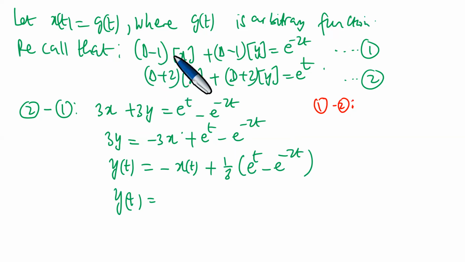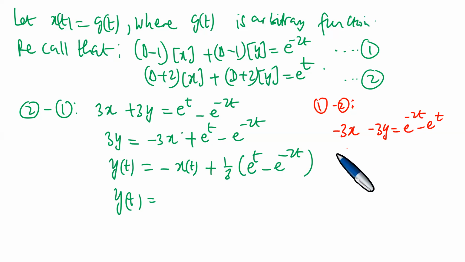Minus x minus 2x is minus 3x. d minus d, 0. So that's equation 1 minus equation 2. Minus y minus 2y is minus 3y. So e to the minus 2t minus e to the t.